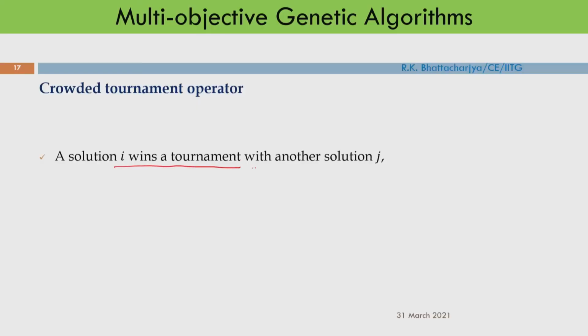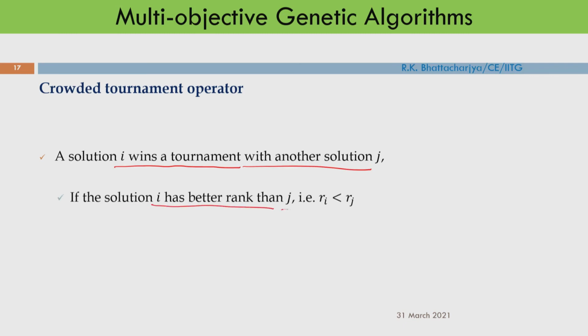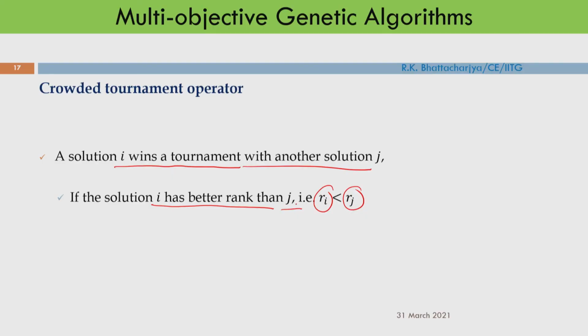Now, as I said, we have to apply the selection operator based on the ranking as well as the crowding distance. So how are we doing that? A solution i will win the tournament against another solution j if solution i has a better rank than j, that means R_i is less than R_j. The first non-dominated solution gets rank 1, the second gets rank 2, so a lesser rank means a better solution.